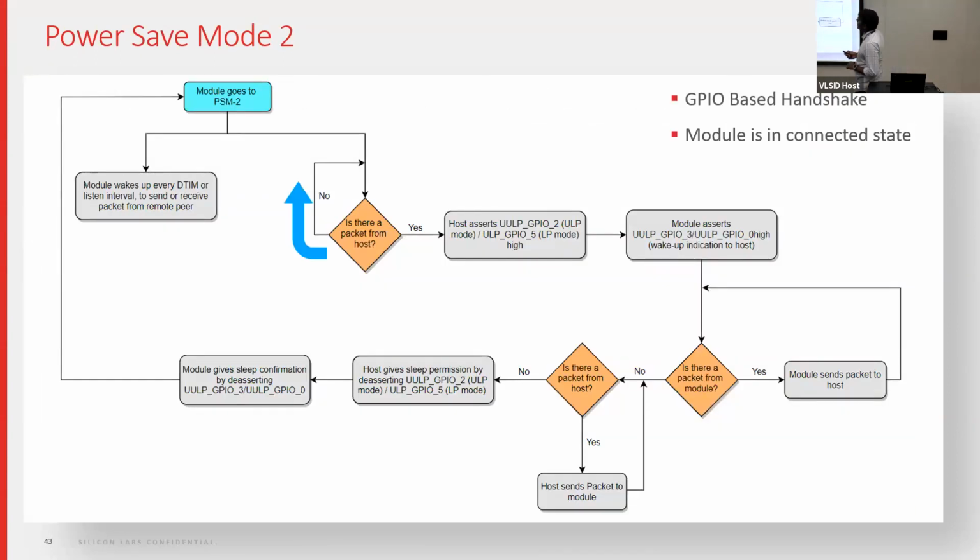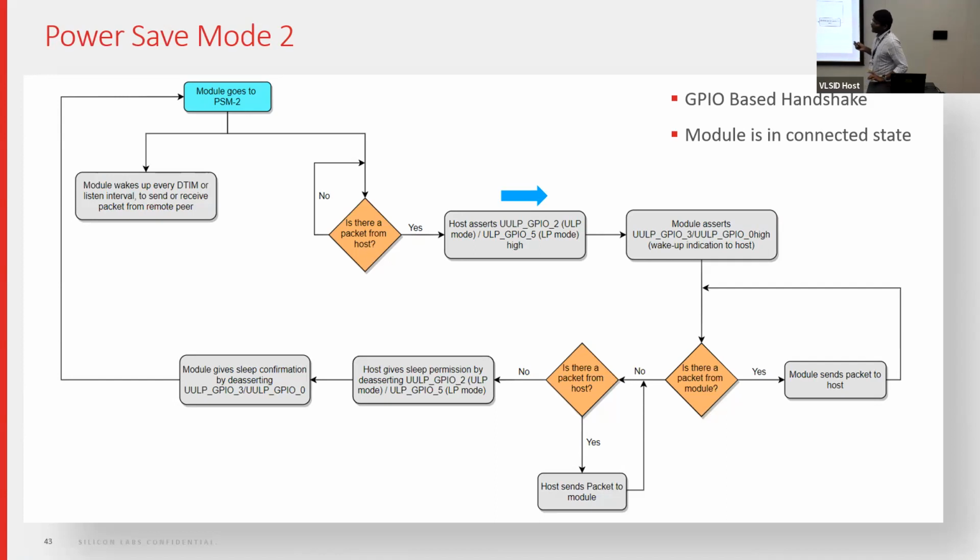In this case, the module is already in power save mode 2. We set it using the command, and the module will wake up at every DTM listen interval and try to send or receive packets to the peer. If there are no packets, it will go back to sleep. And if there is any packet, then the host will assert.